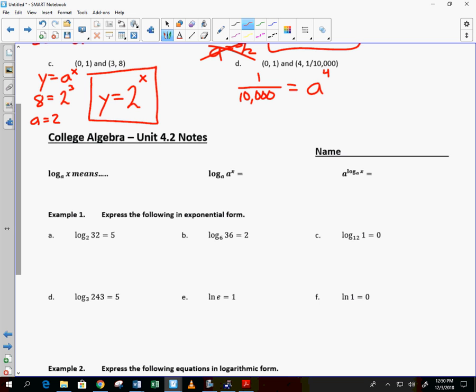Oh boy. How many zeros do you have here? 4. What number do you multiply by itself 4 times to get 10,000? 10, right? So what number would you multiply by itself 4 times to get 1/10,000th? 1/10, right?